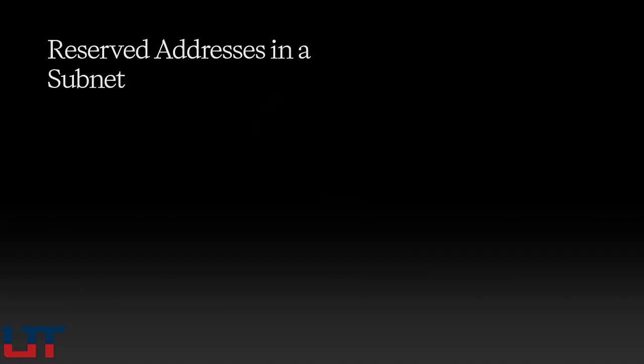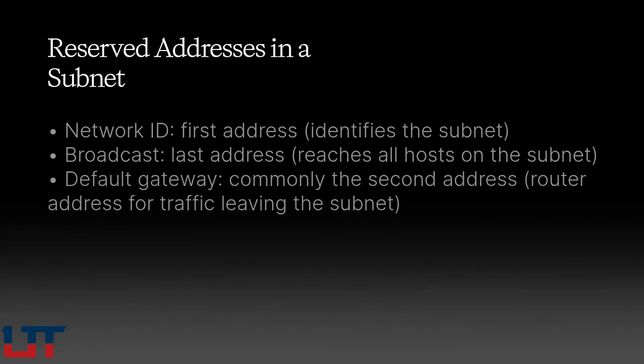A minute ago, I mentioned that there are always some reserved addresses within a subnet. Typically, the first address is reserved as the network identifier, which routers will use to find your network. The last address is used as the broadcast address, which can be used to send data to all devices within your subnet simultaneously.